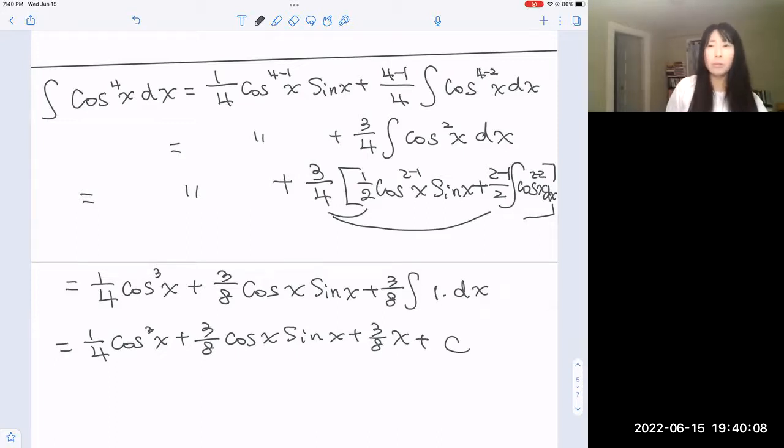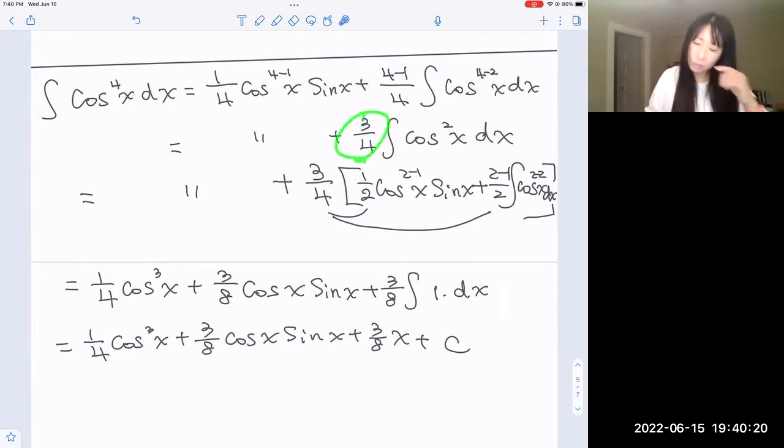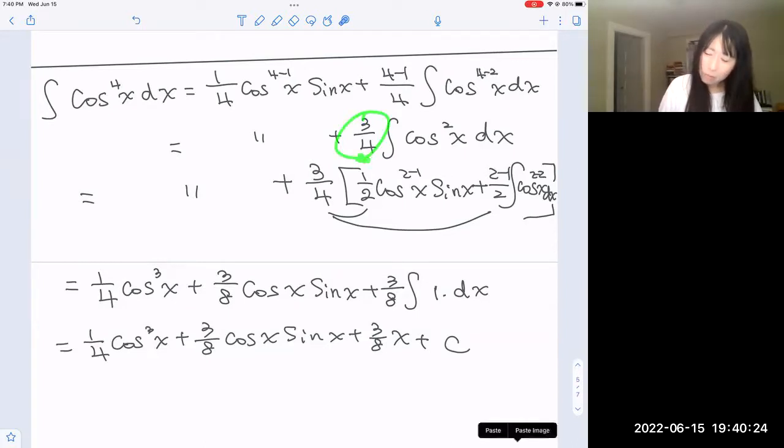Professor, I have a question. After 1 divided by 4 cosine 3x, should we plug in sine x as we did in the first stage of the solution or not? We don't, so we have sine x.